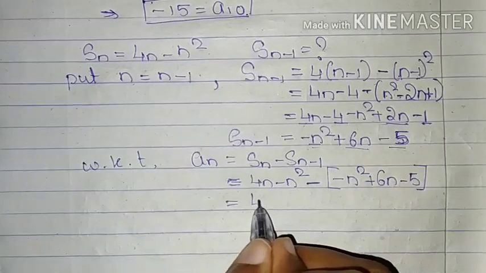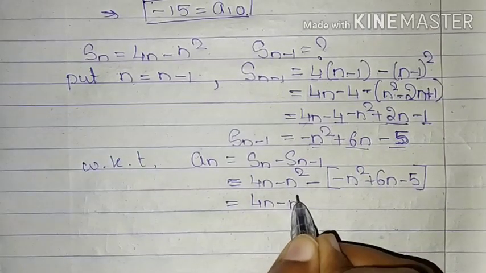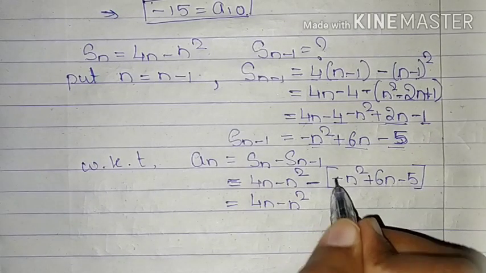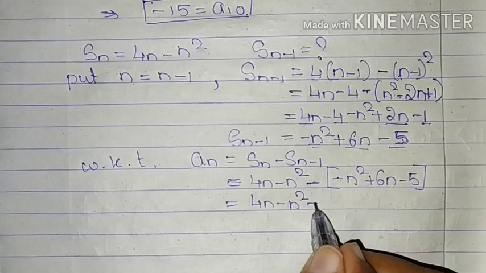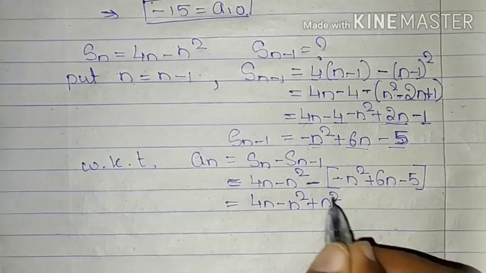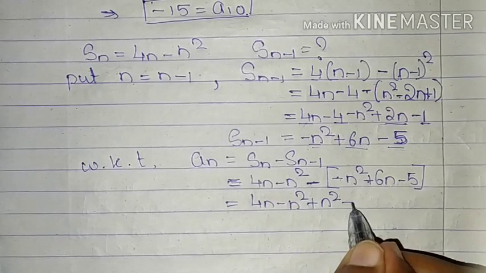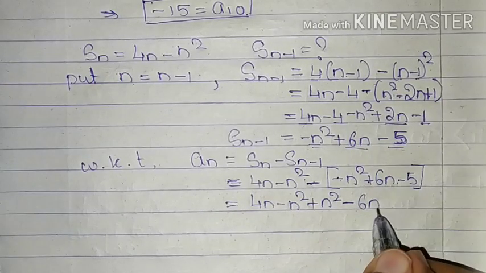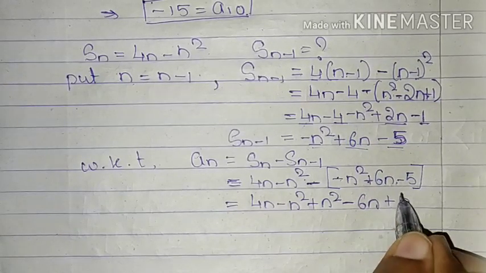So now 4n minus n square as it is, and opening the brackets, minus into minus, plus n square, minus into plus, minus 6n, minus into minus, we get plus 5.